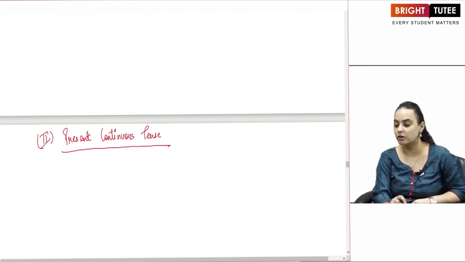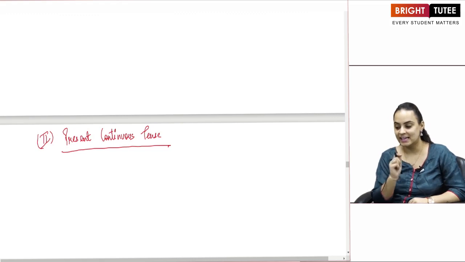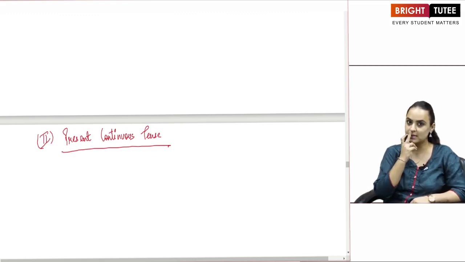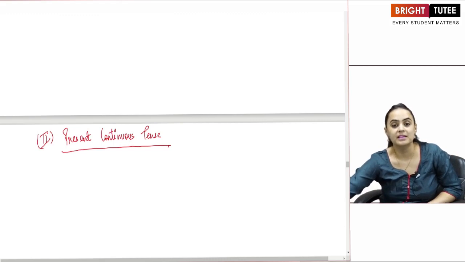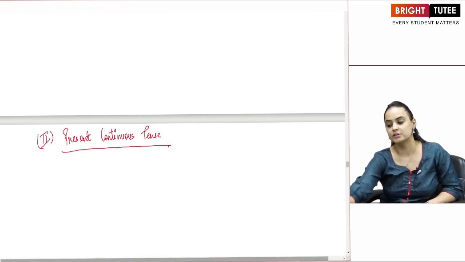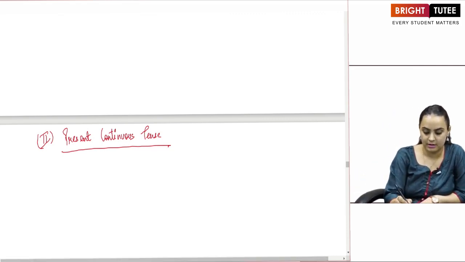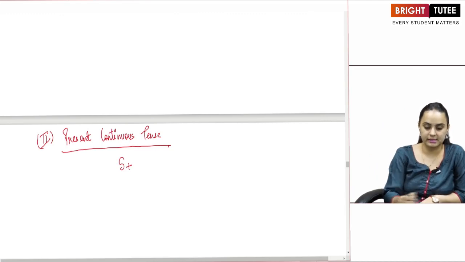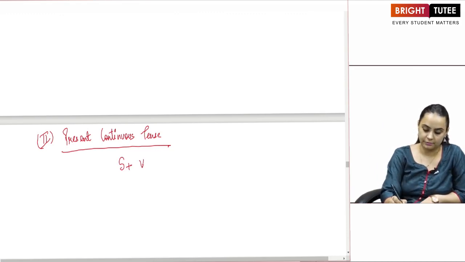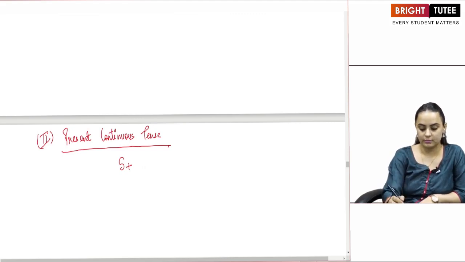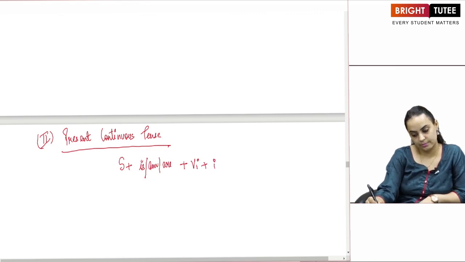So, the present continuous tense is the second type of tense under the present tense. Now, present continuous tense. First, let us talk about the rule of the present continuous tense. Subject plus is, am, are plus first form of the verb plus ing plus the object.